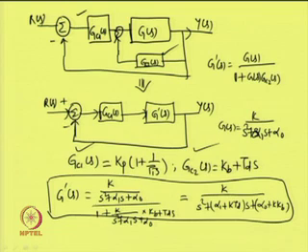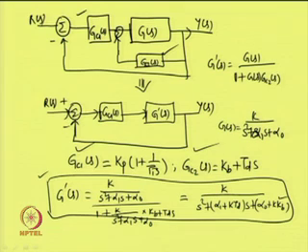Now, we see that with suitable choice of Kb or design value of Kb, it is possible to locate the poles of the modified transfer function at suitable locations. That is the benefit one gets by employing the inner controller GC2(s).